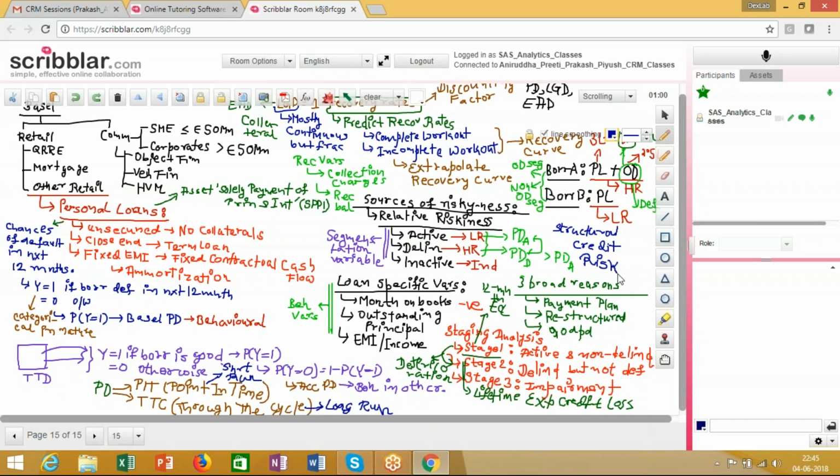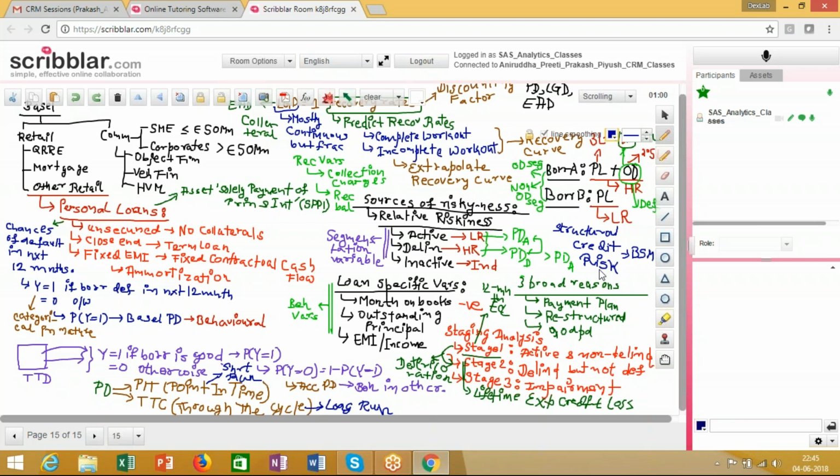The very base of the structural credit risk model is the Black-Scholes-Merton model, or as we call it, the BSM. It is this Black-Scholes-Merton model which plays a very important role in defining the probability of default.